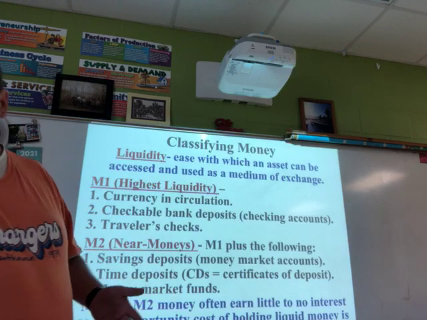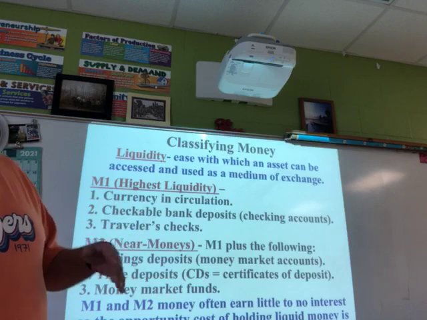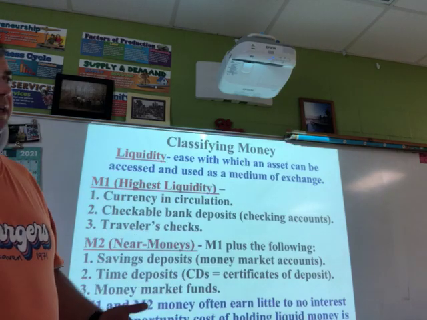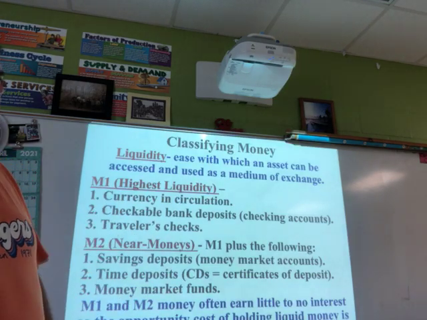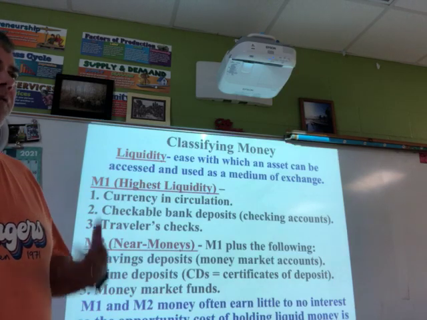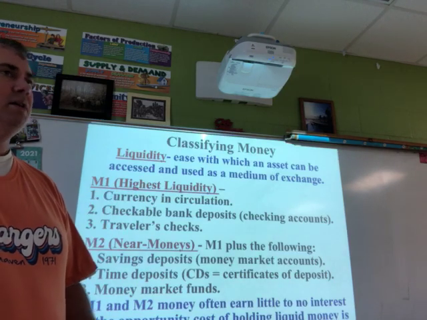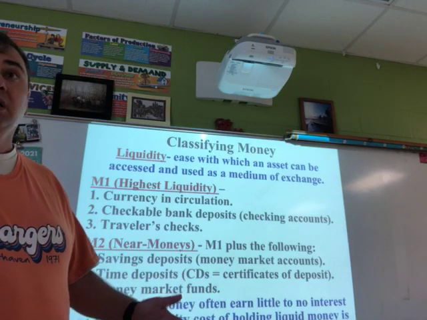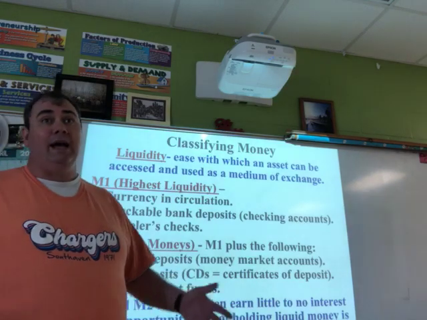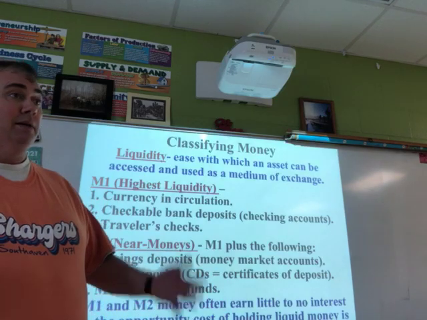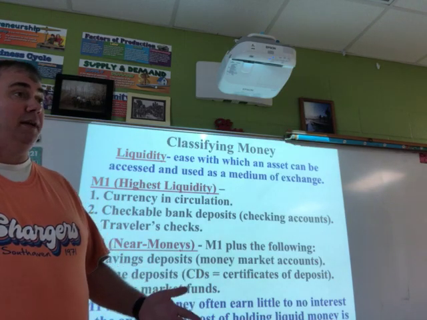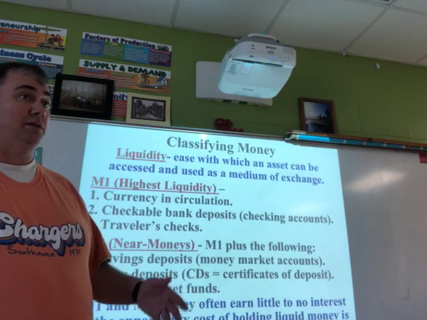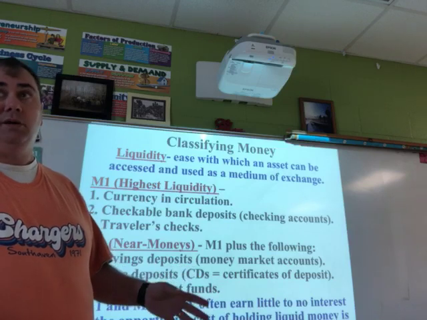Now there's additional assets. There's an M3 that's these longer, harder to get to things, but AP Macro doesn't really get into that. If you go into a more advanced economics class, it pulls in real estate and all those kinds of things. Because real estate is an asset, but it's one of the least liquid assets possible. Real estate is not a medium of exchange unless there's some kind of weird barter system going on, right?